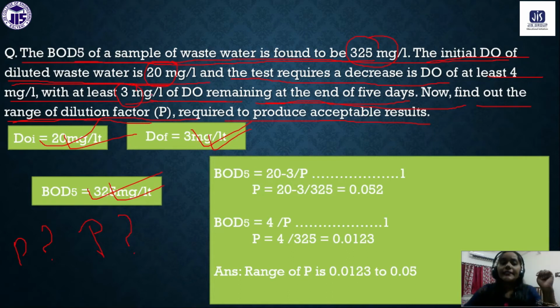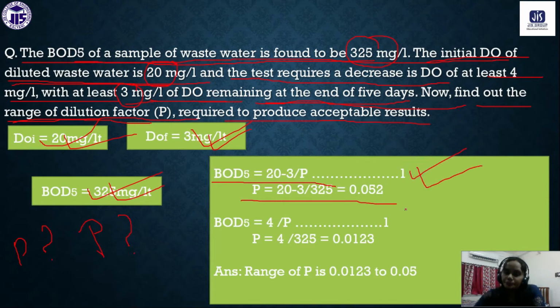For this case, look here, we don't have any data regarding bottle 2 or regarding the water sample. So that is why here we have to use the previous BOD test. So here we use DOI minus DOF divided by P, the simple equation. That is equation number 1.